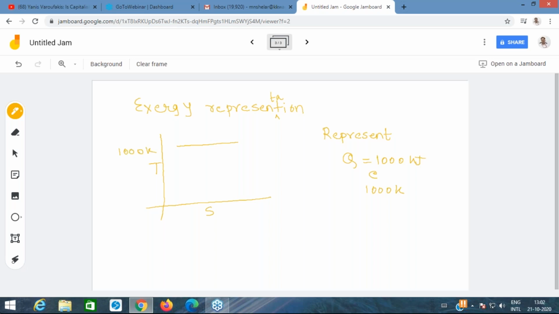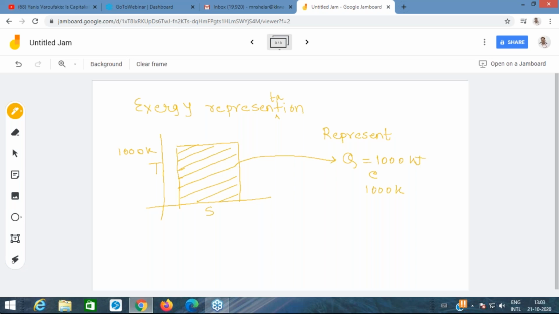The heat supplied would be this portion which I had drawn. This hatched area, shown by yellow, is the heat supply.